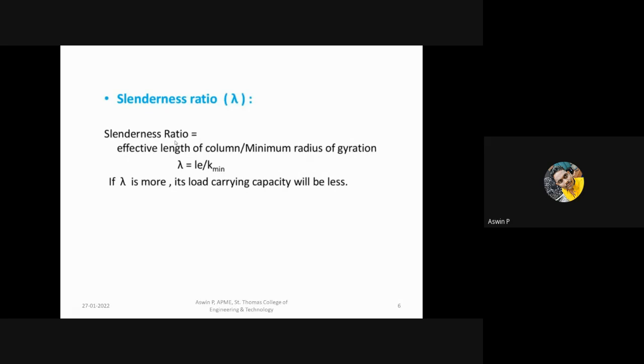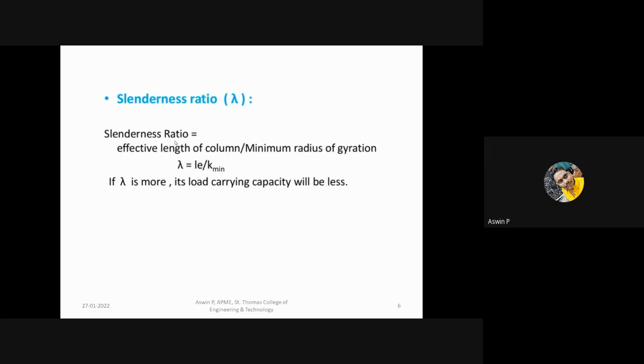If the load on the column is very high, then we need to reduce the slenderness ratio. We need to increase the radius of gyration, or in other words, reduce the effective length of the column. This is an important term while designing a column.